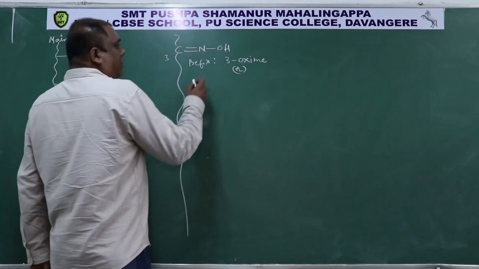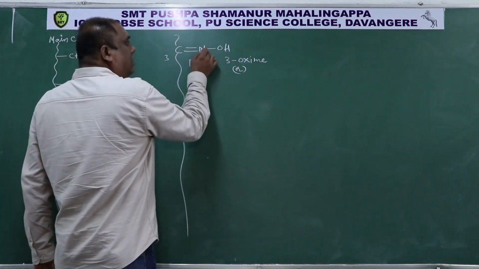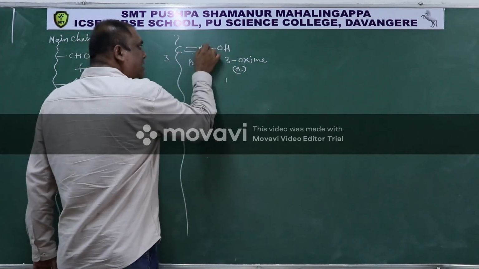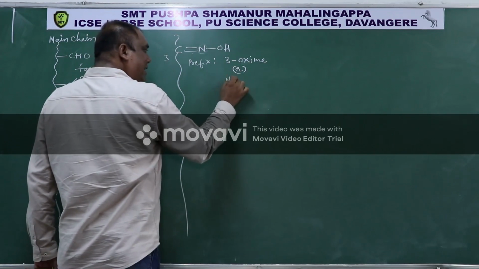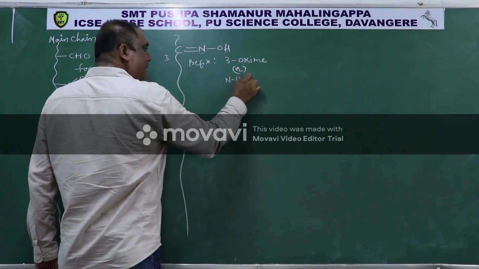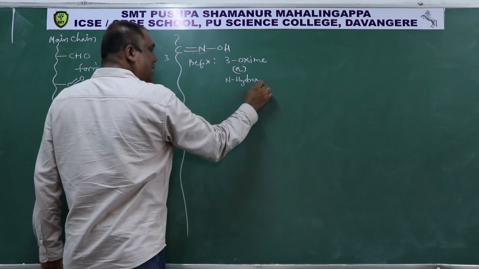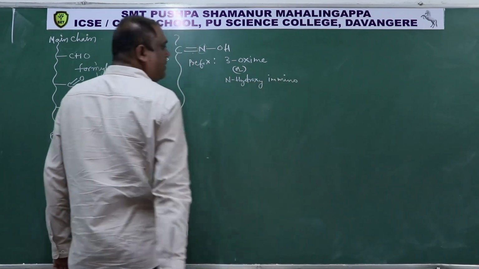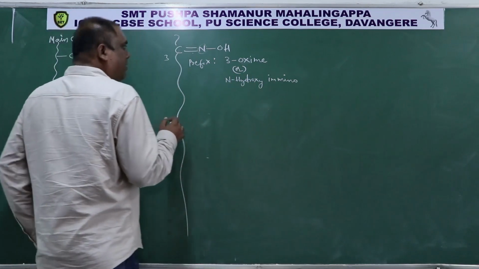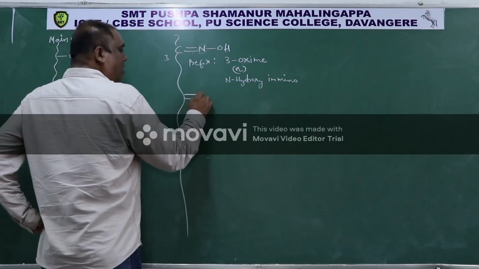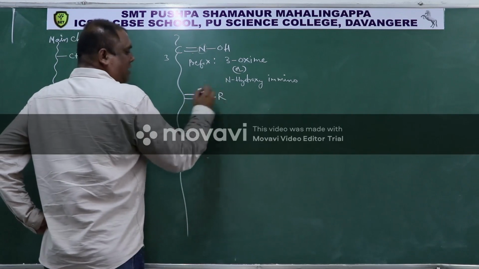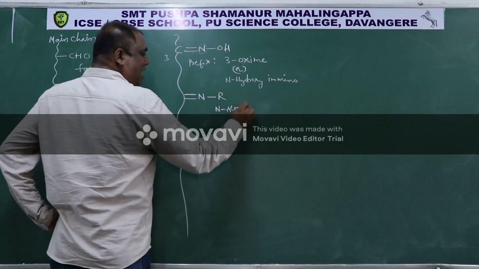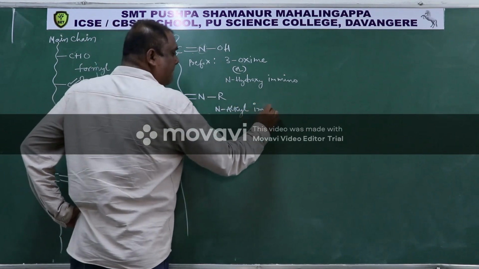Then here, double bond N and to that N, OH is attached. Then it is called N-hydroxy imino, because N is the attachment. Then double bond N attached to R is called N-alkyl imino.